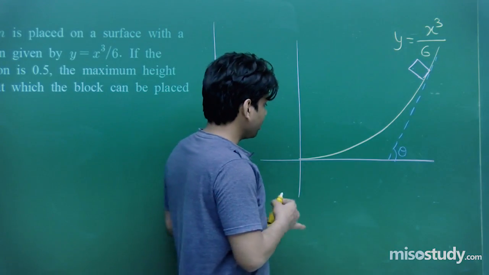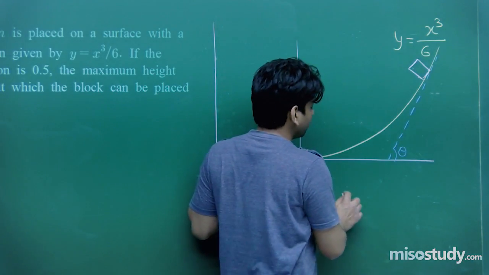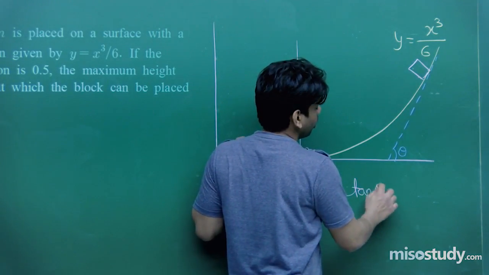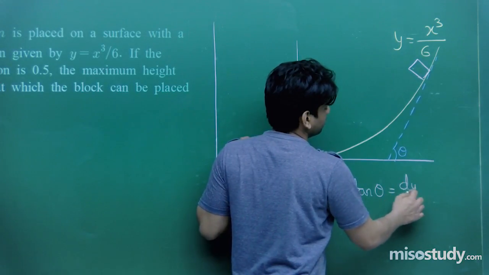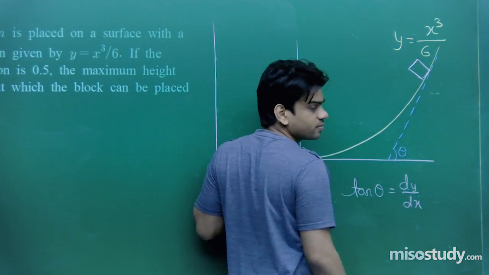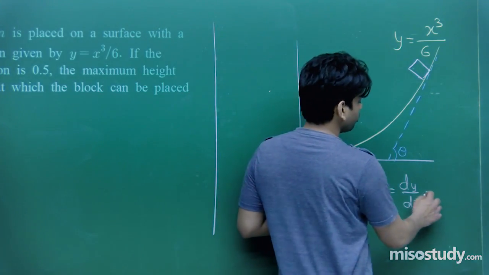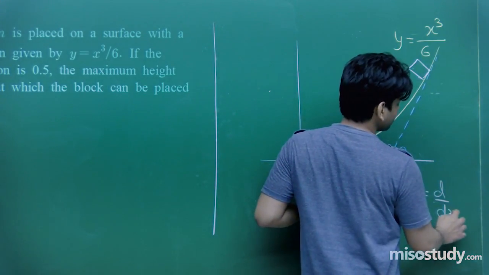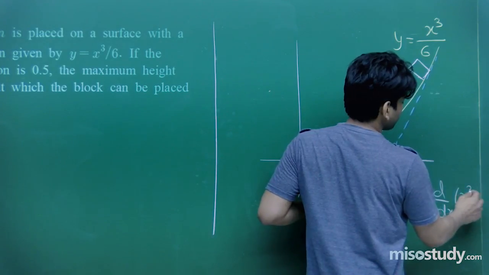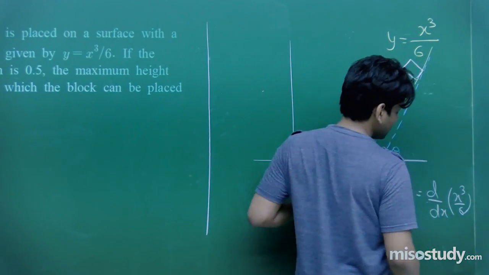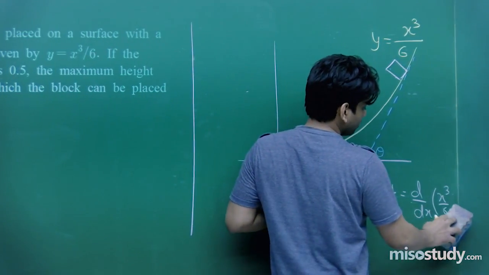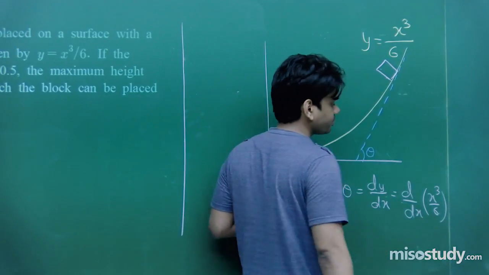Now if I write down the value of tan theta, you all must be knowing that it is dy by dx. First thing, y equals x cubed by 6. So we need to do d by dx of x cubed by 6. Easily you can evaluate this.